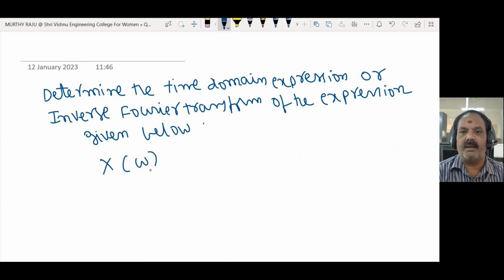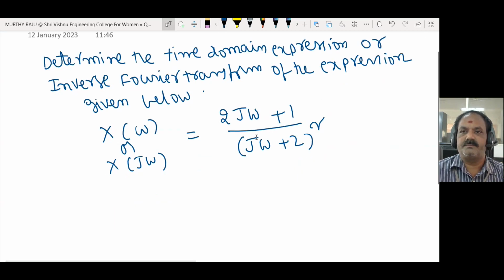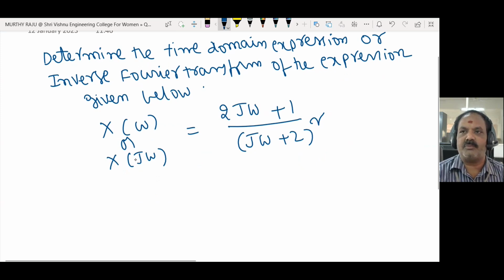X of omega, or X of j omega, is equal to (2j omega plus 1) by (j omega plus 2) whole square. Time domain expression means x of t, or inverse Fourier transform is also x of t.